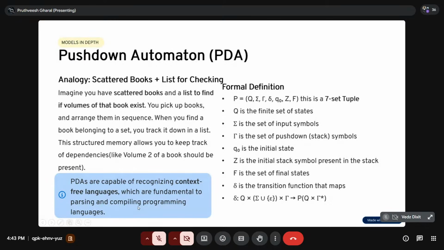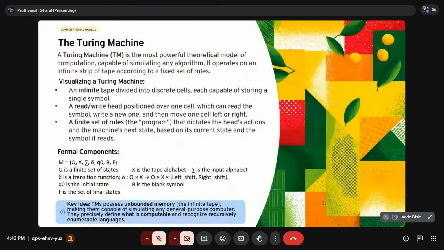This is the transition function of the pushdown automaton. We will discuss this later, because the star symbol here is related to languages and grammar, regular operations. We'll see what this star symbol represents later on, tomorrow, basically.